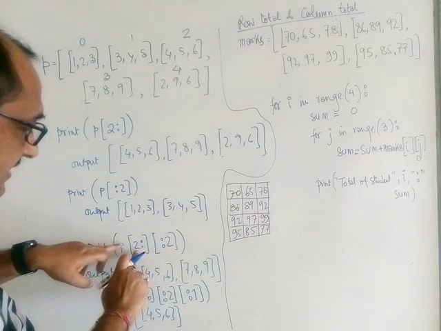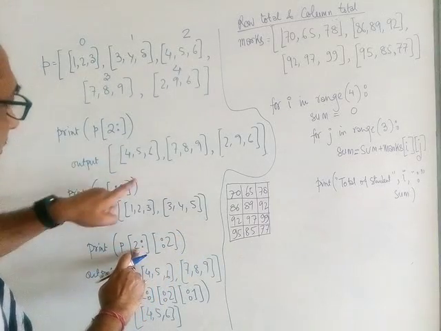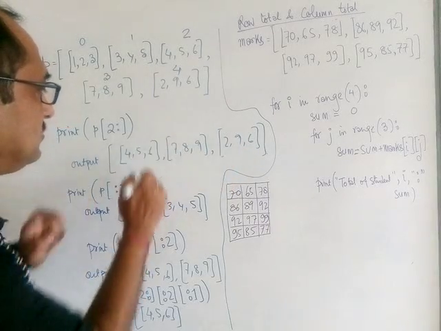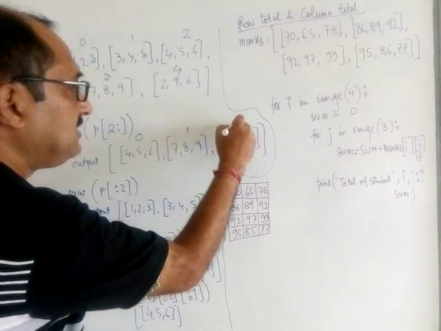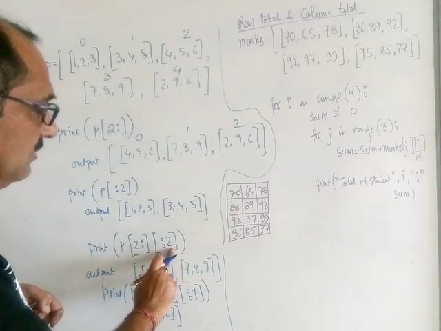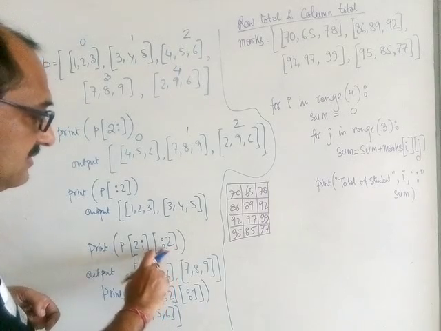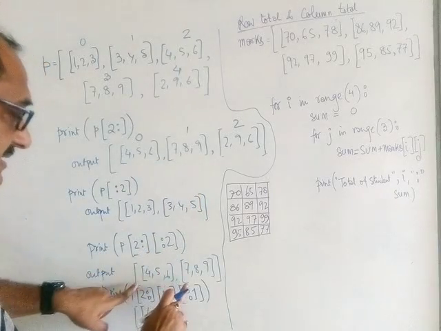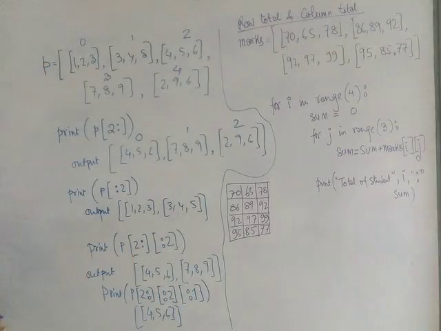Let's see once again. Your result was 4, 5, 6, 7, 8, 9 and so on. If I put the index in here, it will be 0, 1, 2. From this again I am taking colon 2. Colon 2 means it has to go up to 1, that is 0 and 1. So I will get only these two, 4, 5, 6 and 7, 8, 9. That will be the result.